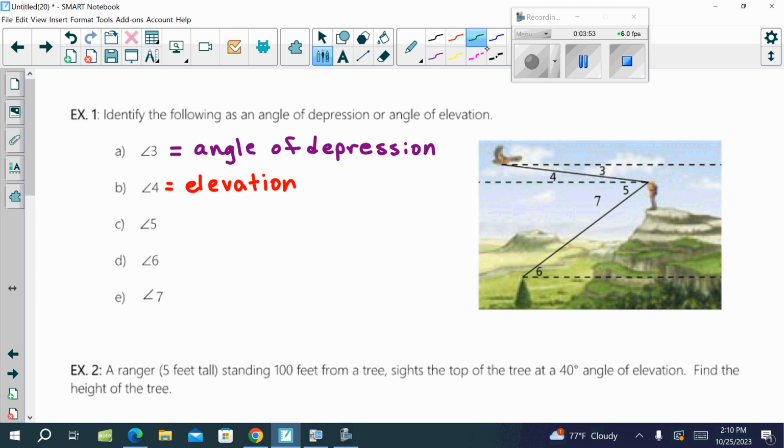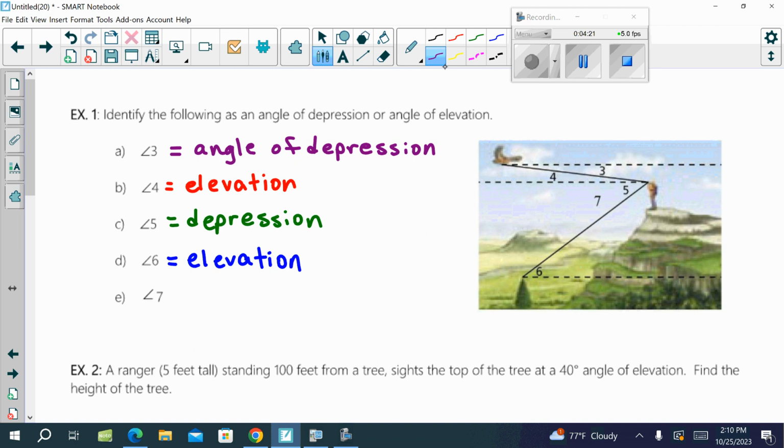So that is depression. Angle 6, that tree doesn't technically have a line of sight, but it has a horizontal. And is the angle 6 above that horizontal or below it? Above it. So that would be what? Elevation.